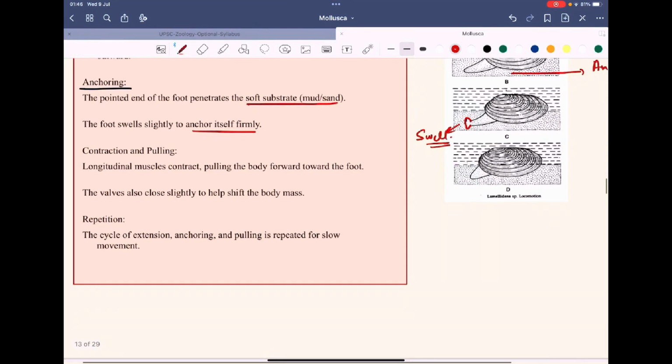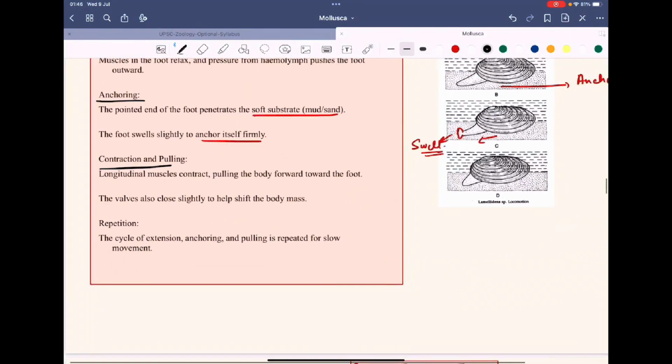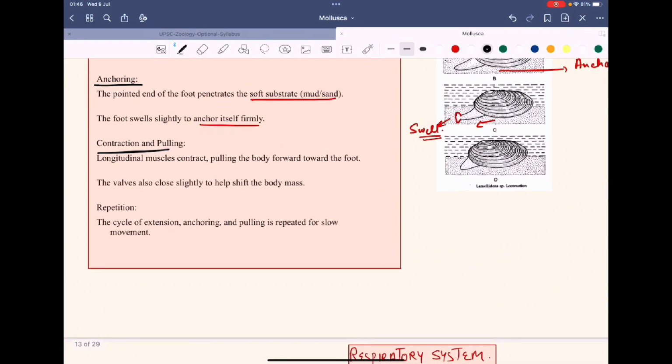Next, the body will be pushed towards the foot. Longitudinal muscles will contract and pull the body forward towards the foot, and once it has been pulled, the body mass will slowly move in that direction and the cycle will repeat. The foot will protrude further, and then the body will slowly move forward.